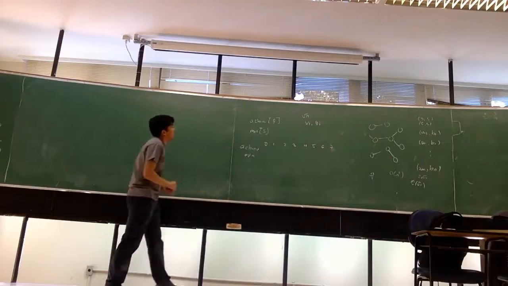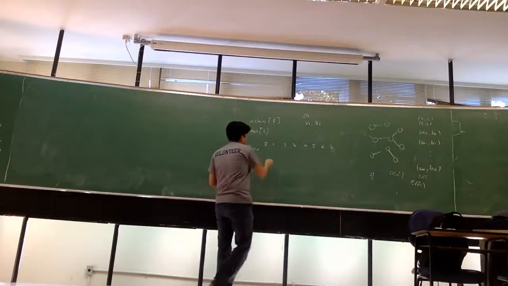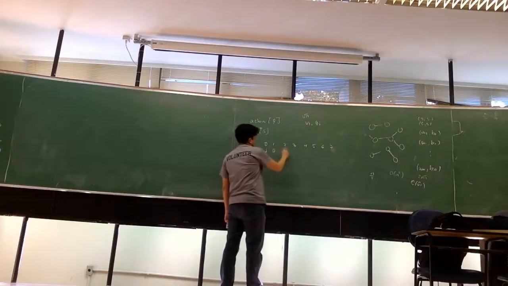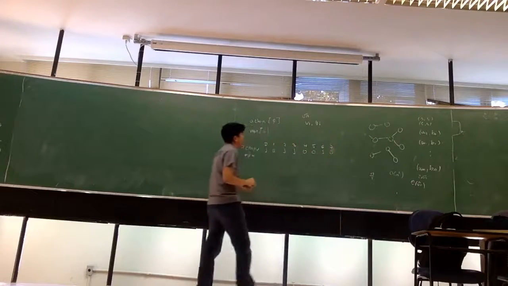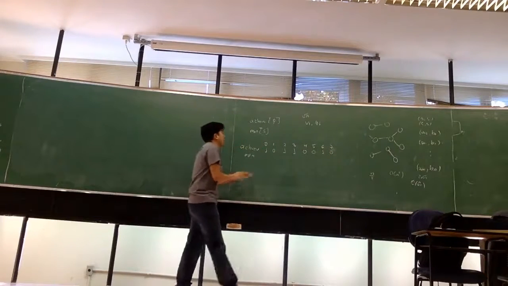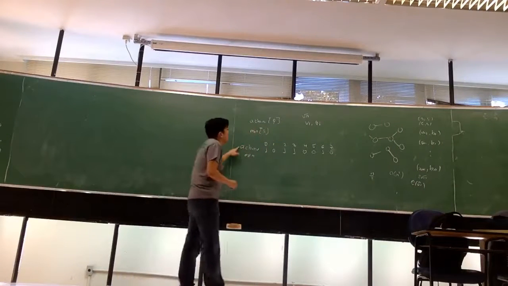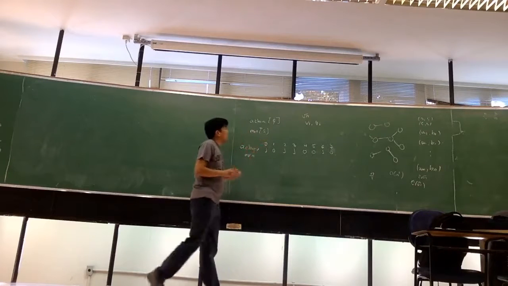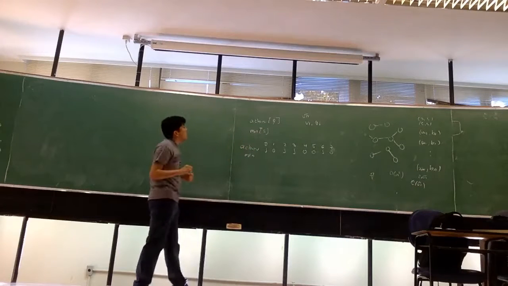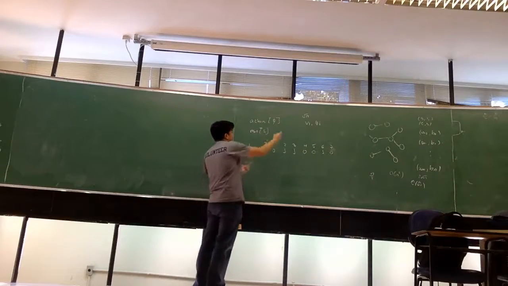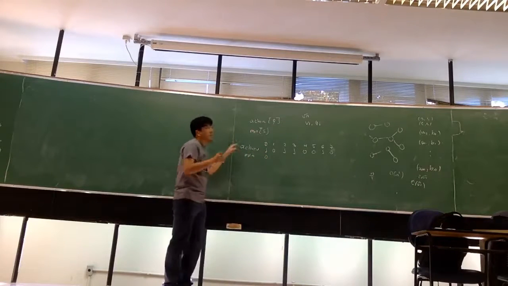Suppose my achievable array currently looks like this: 0 is always achievable, 1 is not achievable, 2 is achievable, and something like that. So I know how to get this sum using only elements from 0 to i minus 1, and I want to update this array to also take into account the ith value. Using vi, what is the minimum number of vi that I need to achieve 0? It's 0 because this value is already achievable.